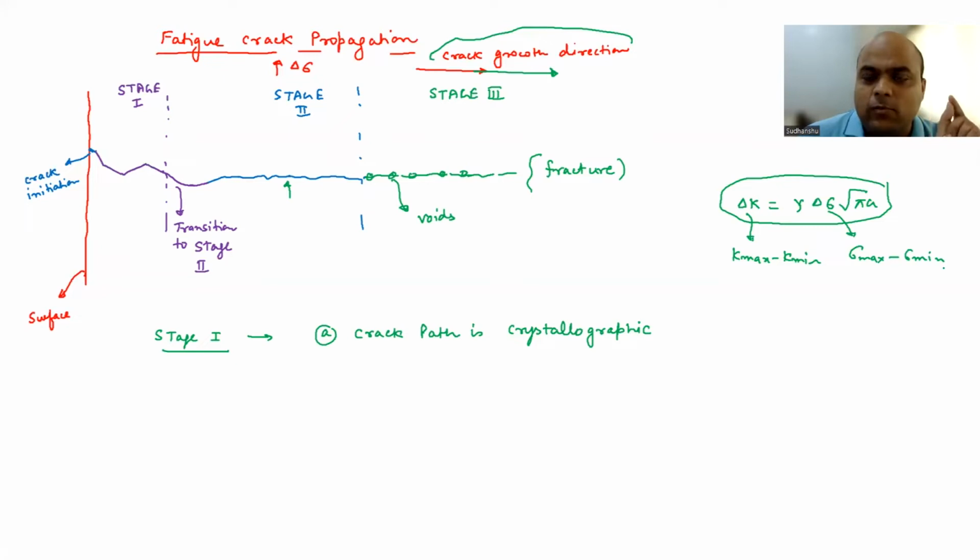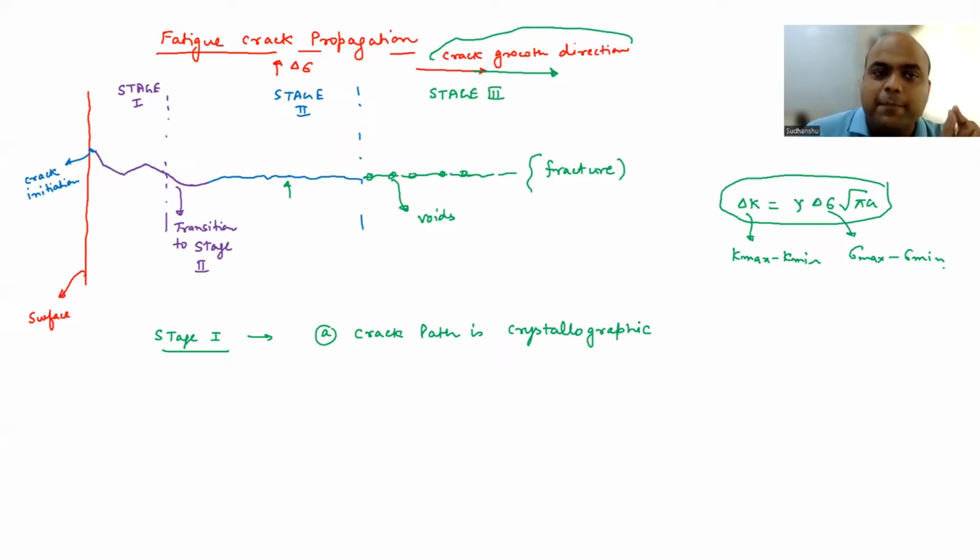Now this delta K is going to depend upon a, right? As the crack has started growing, a is small, right? That means delta K is also small. So the driving force for crack propagation is also small, right? But it is propagating because that is sufficient. Although it is small, it is sufficient, but the delta K value is low.